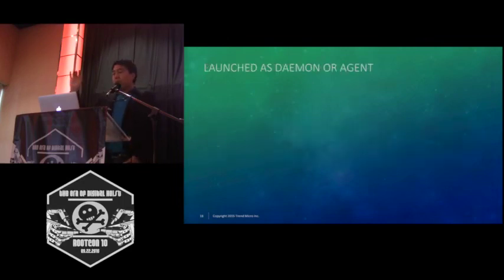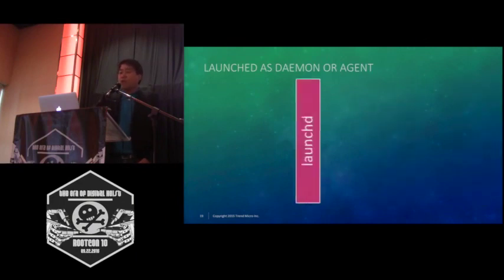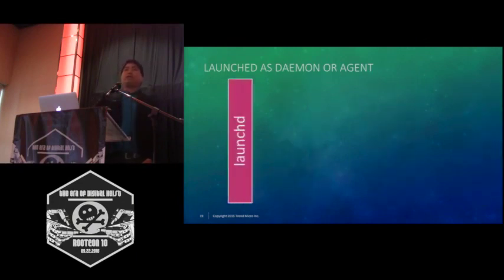Next, the daemons and agents. Daemons and agents are basically services. If you compare it with Windows, they are the services within Mac OS. Daemons and agents are basically launched by launchd.